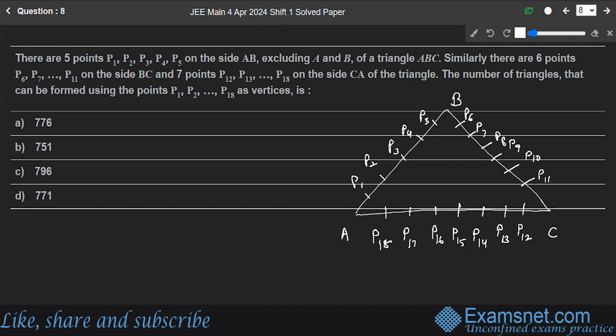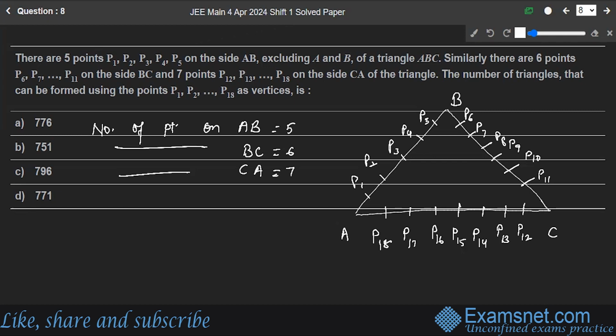So now you have to find out the number of triangles that can be formed using all of these points. First thing, number of points on AB is equal to 5, BC is equal to 6, and AC is equal to 7. Right.